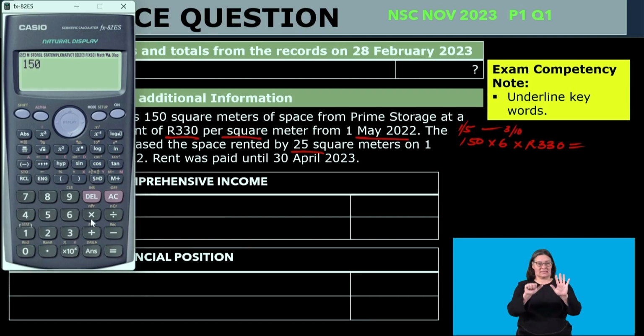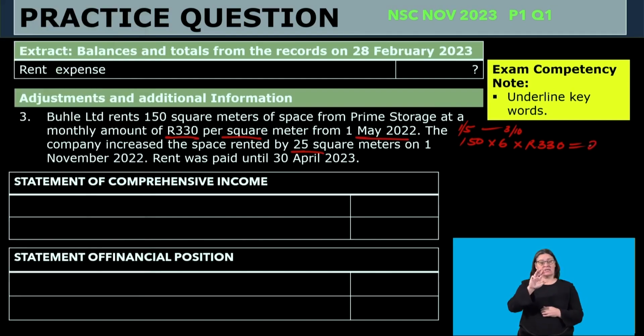Then we multiply that by your 6 months. And then you still multiply it by your 330. Someone would have started to multiply by 330 before the 6 months. And then you get 297,000. So for the first 6 months, the rent will be 297,000.